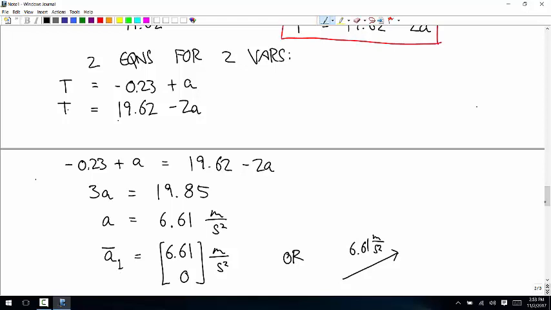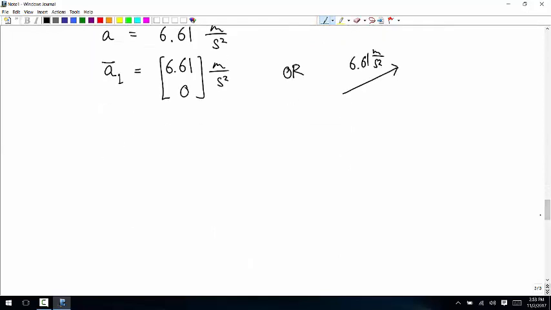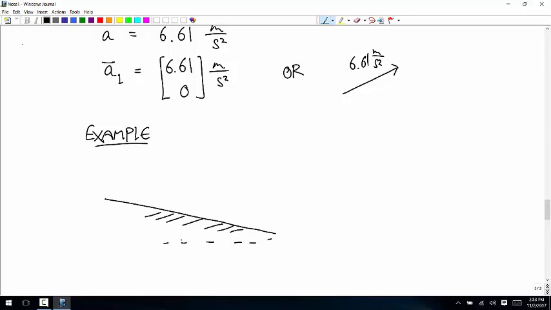Okay, let me give you one problem to work on. So let's say that we have an incline this way, with an angle of 20 degrees from the horizontal.